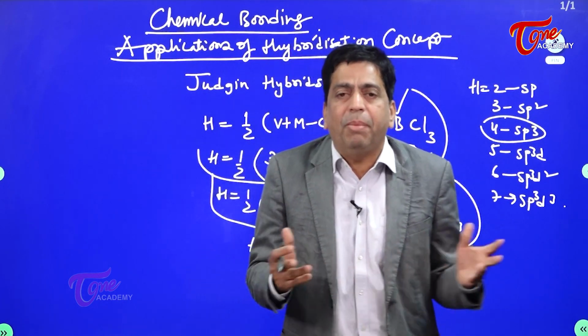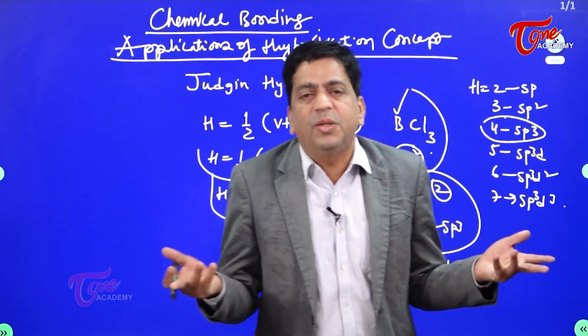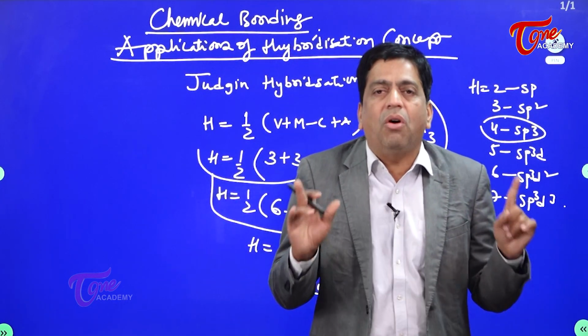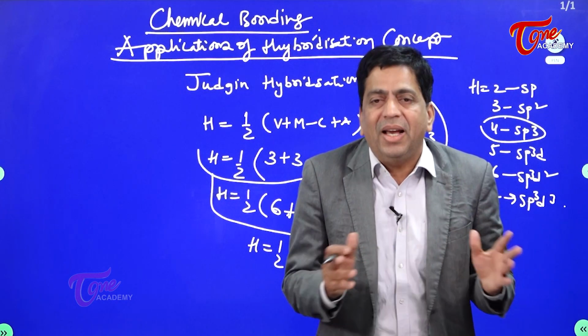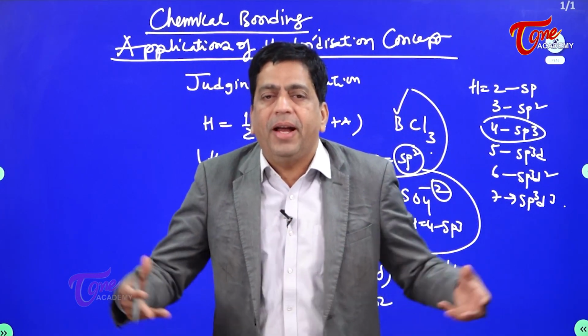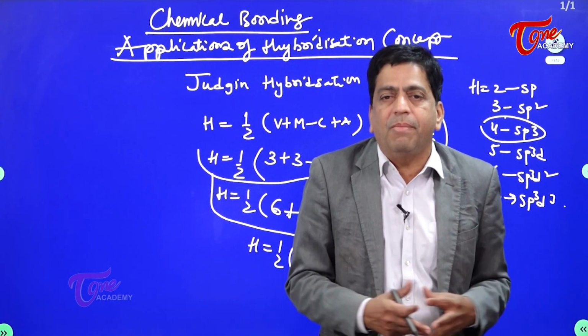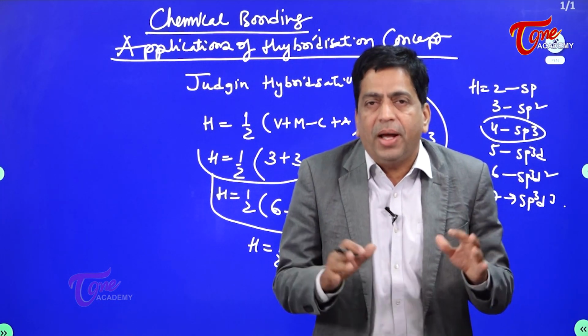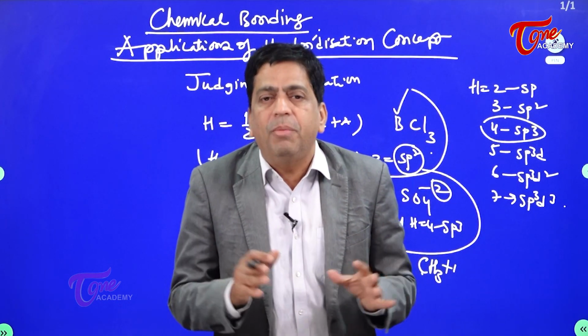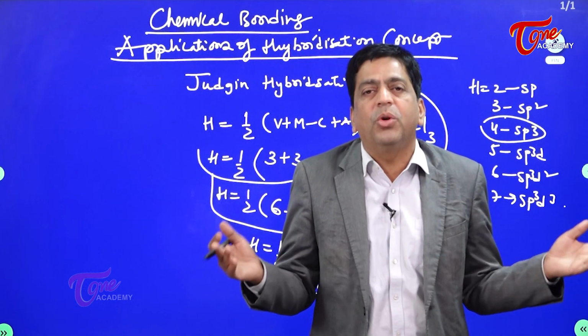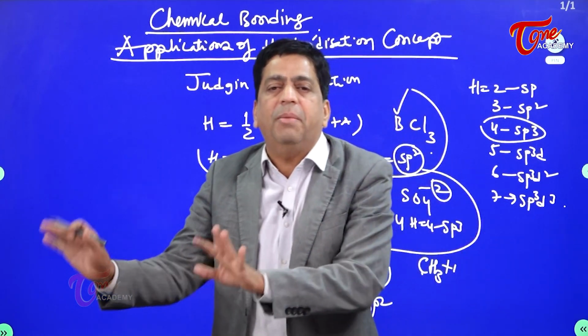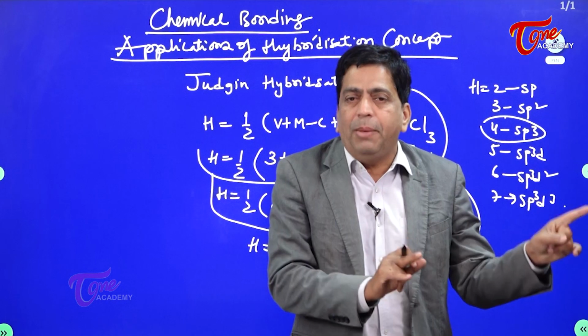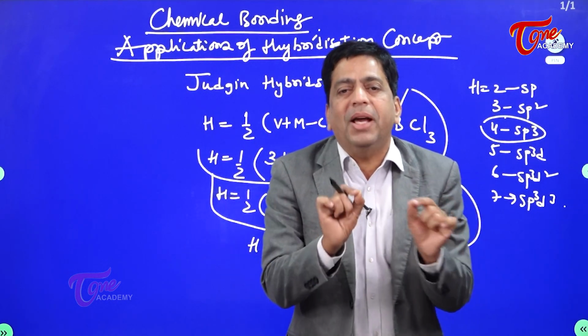Let us understand. Pi pp bond. First of all, pi. What is pi? Pi is the result of a sidewise overlap, and head-on overlapping results in a sigma bond. You must understand. And pi bonds are always formed by pure orbitals. Now, what are pure orbitals? Those which don't participate in hybridization. You must understand. So, pi pp and pi dp. Now, what is pi pp?